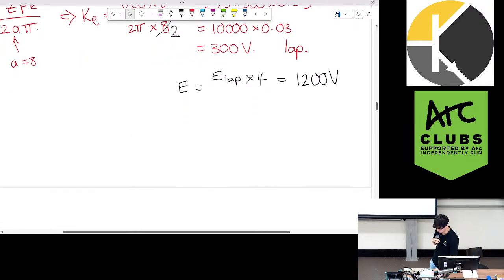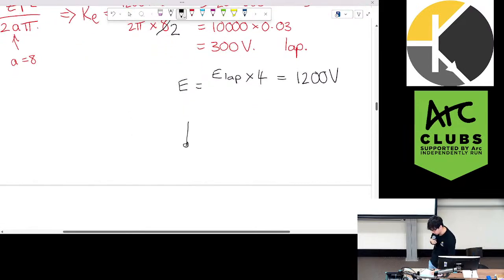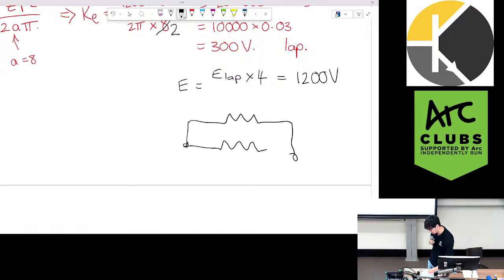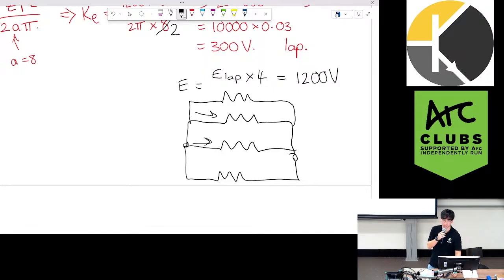That can also be explained by the number of parallel paths. With wave wound, you might have 2 parallel paths, which allows some amount of current through each. But with lap wound, you can have many more parallel paths, which means you're allowing a lot more current through. So that makes it more applicable to high current.